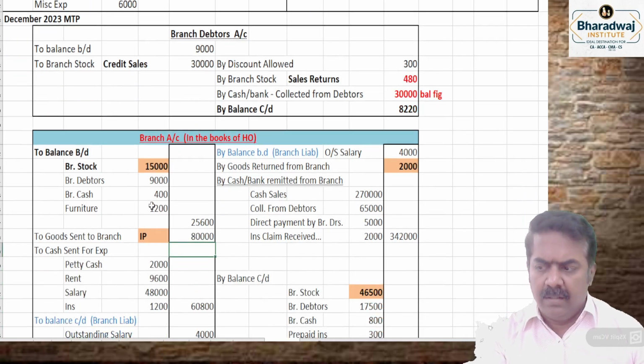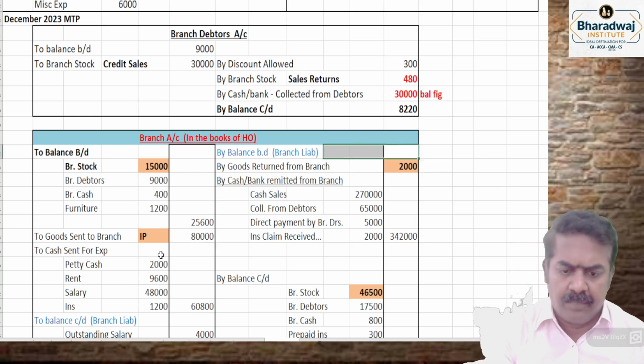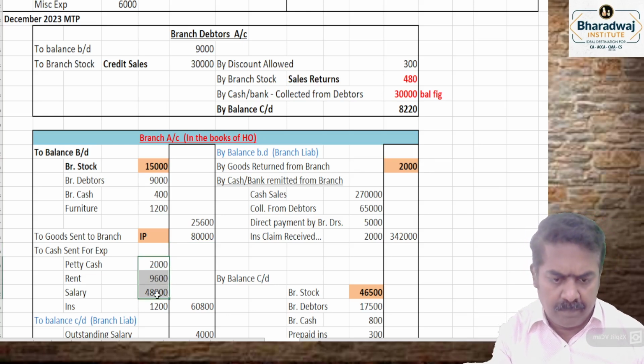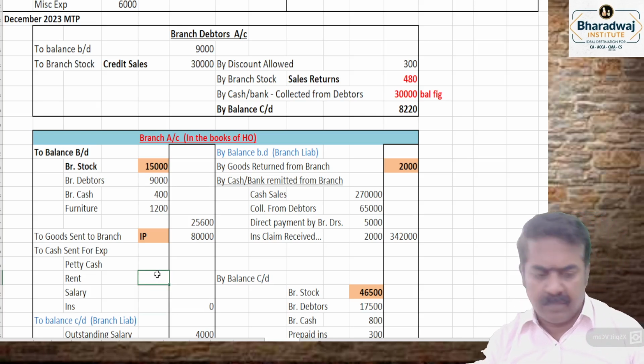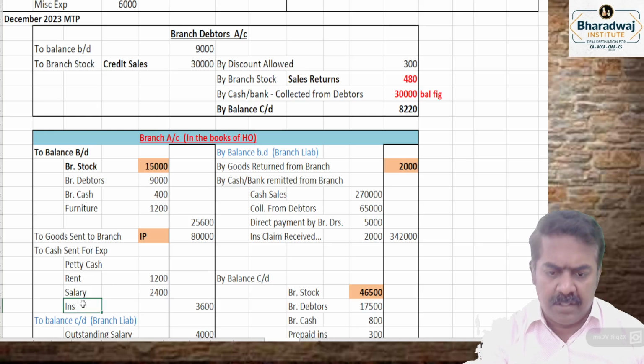Then what are the things sent for expenses? Rent, how much? 1,000. Salary? Then stationery?